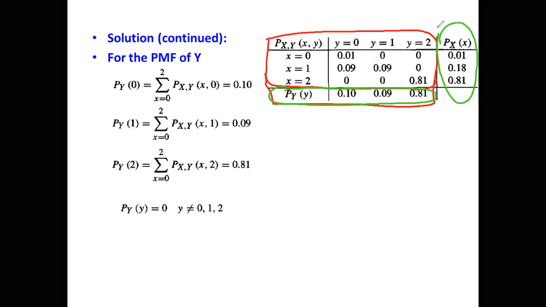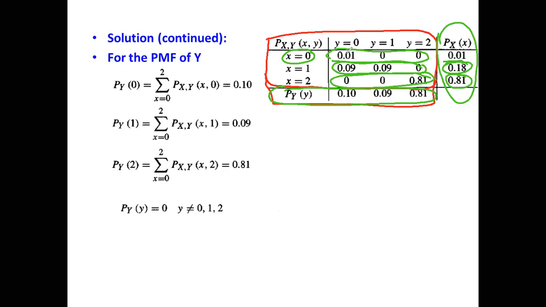This is an expression where we have both the joint probability and the marginal probability. So look at this one. This joint probability is actually producing the marginal probabilities. So when we write Px, for x equal to 0, this addition will give us 0.01. These additions will give us 0.18. These additions will give us 0.81.